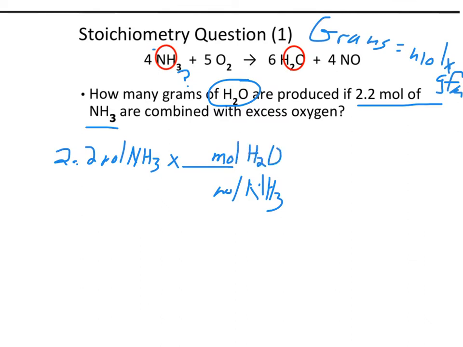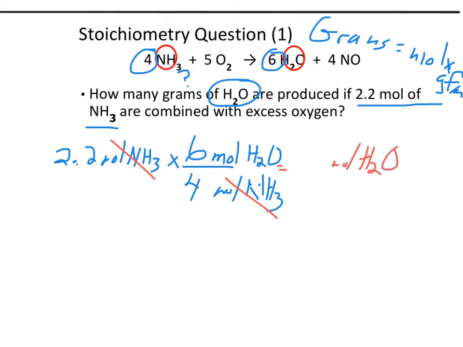And these numbers should be coming from here. So what's my mole for water? 6, very good. And what's my mole for NH3? The 4, very good. That gets rid of your moles of ammonia, and this gives you the actual moles of water.